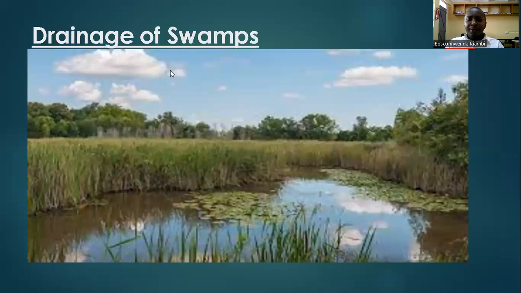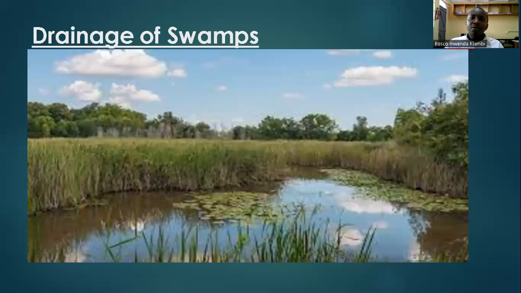So the other method that we are going to look at that involves land reclamation is the drainage of swamps. In such a photograph, you can see that the place is waterlogged, meaning that there is very little farming that can take place on such land because it is already so waterlogged.